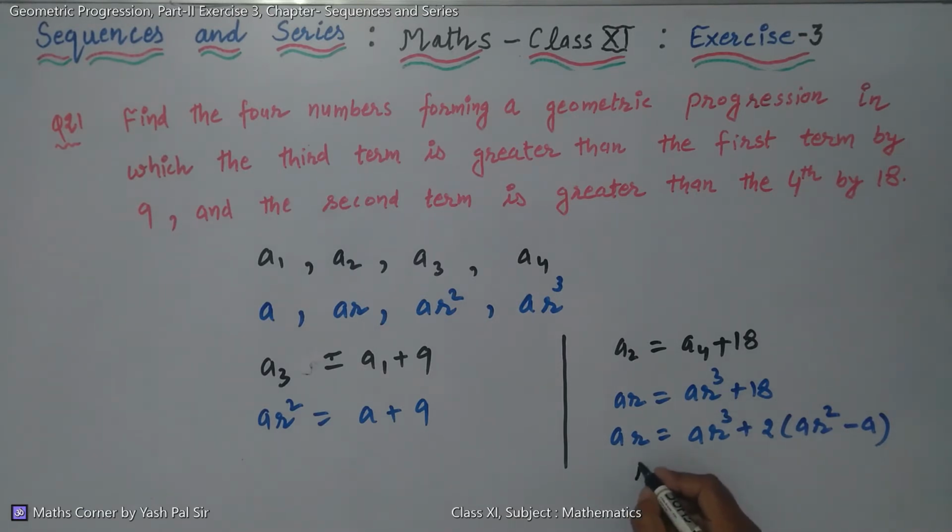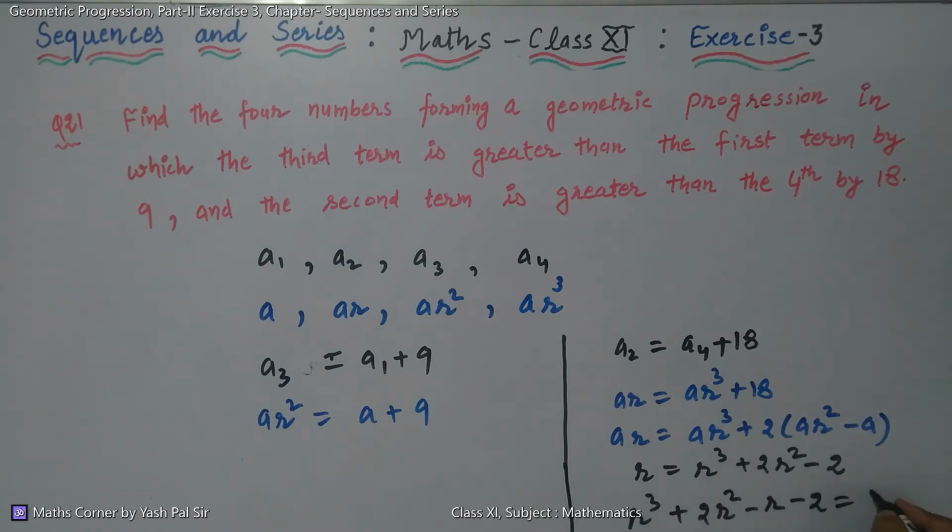We are left with r is equal to r raised to power 3 plus 2r square minus 2. So this means we have r raised to power 3 plus 2r square minus r minus 2 is equal to 0.